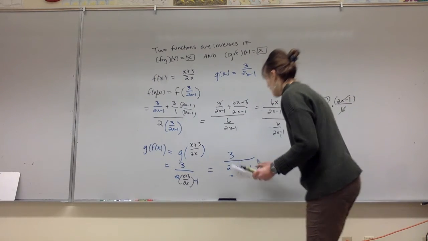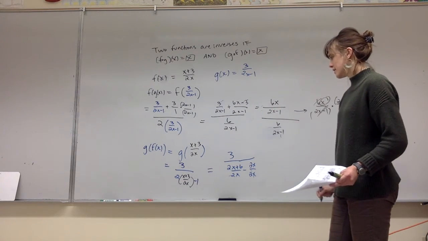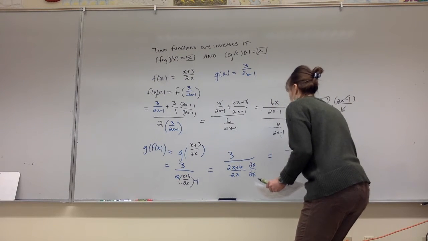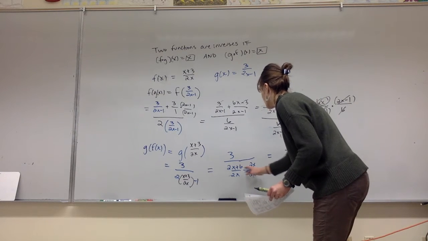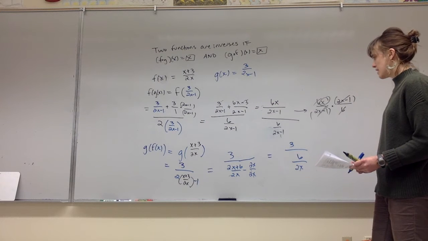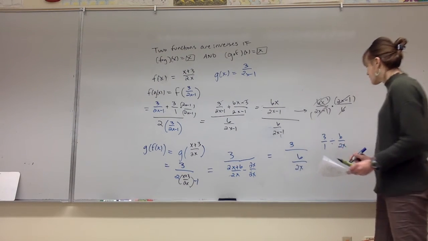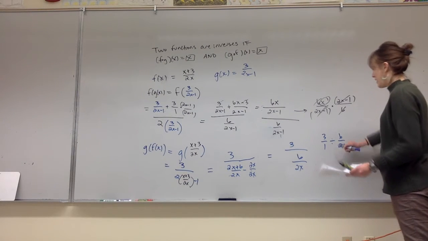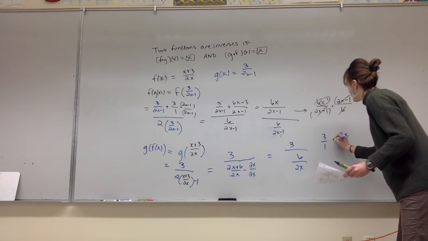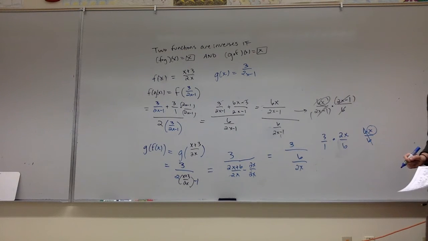So I can just change this to 2x over 2x. And I'm left with 3 over 2x over 2x, 6 over 2x. And so then I do 3 over 1 divided by 6 over 2x. And I flip it and multiply, so it becomes 2x over 6 times 3, this becomes 6x over 6. These cancel and I'm left with x.